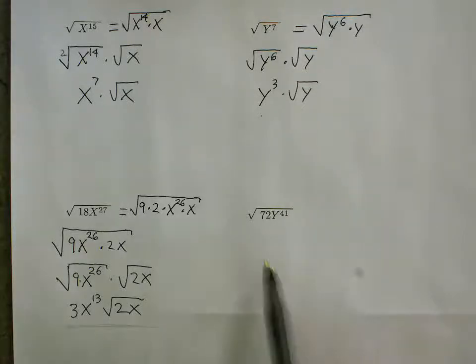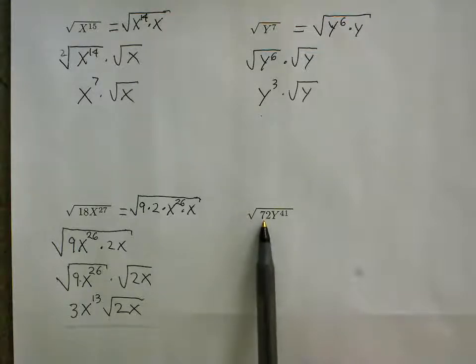Okay, the next one, simplify the square root of 72y to the 41st. Okay, the largest factor of 72 that is a perfect square is 36. 36 times 2 is 72.